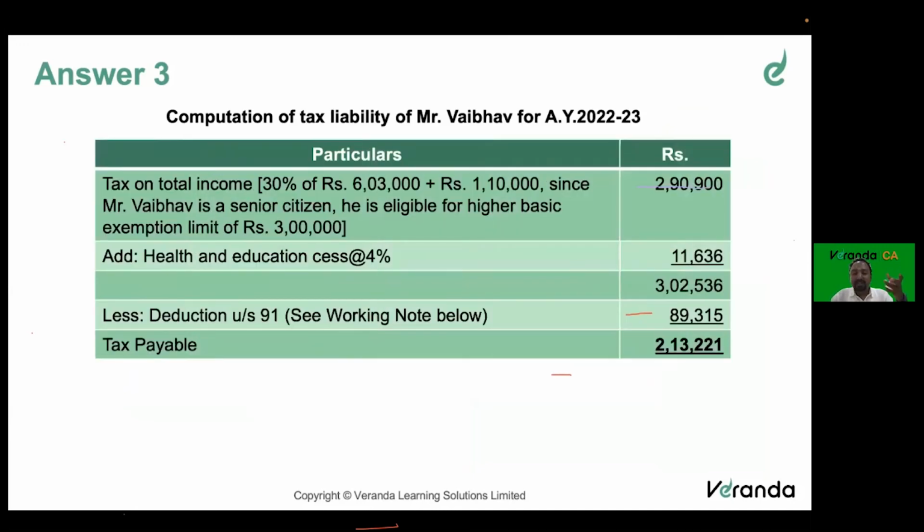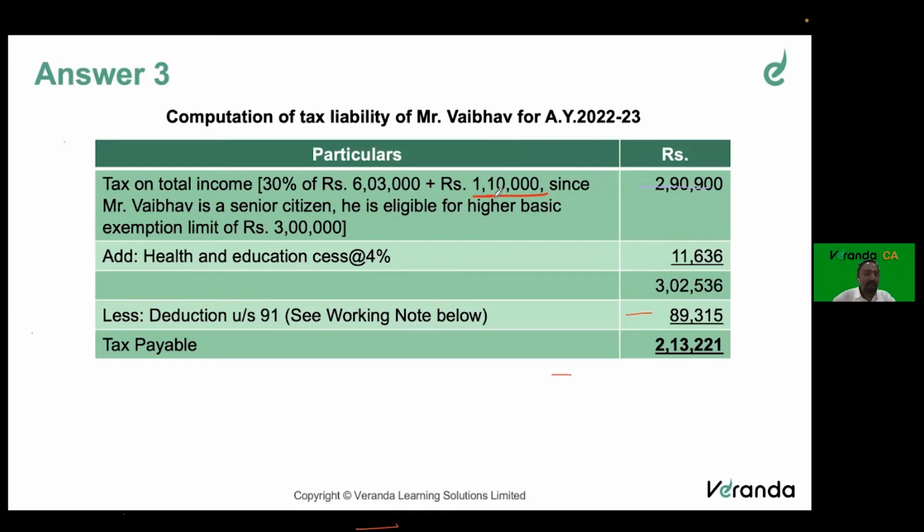Being a senior citizen, up to 3 lakhs there is no tax. 3 lakh to 5 lakh is 5%. So you get 10,000. Then 5 lakh to 10 lakhs, on this 5 lakh it is 20%, so it is 1 lakh. So 1 lakh plus 10,000, in total your tax is 1,10,000 for income up to 10 lakhs.